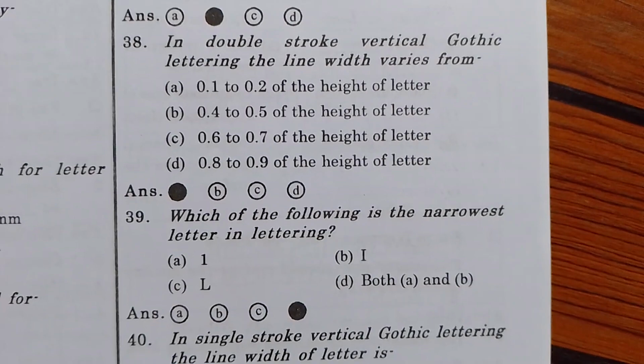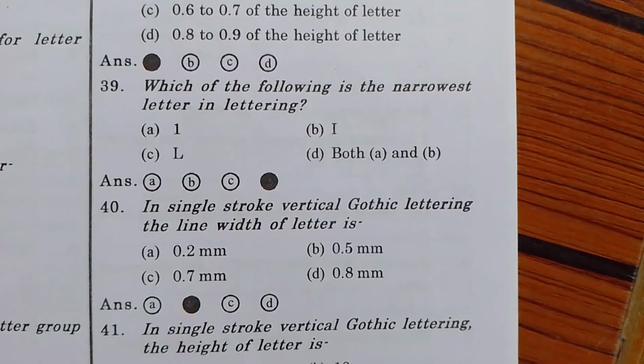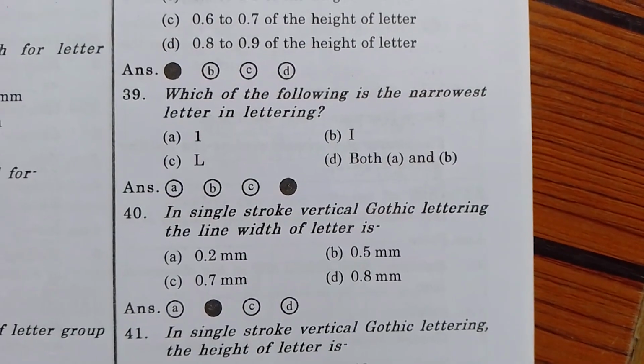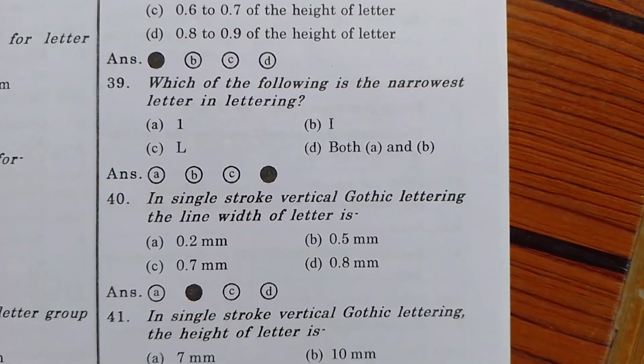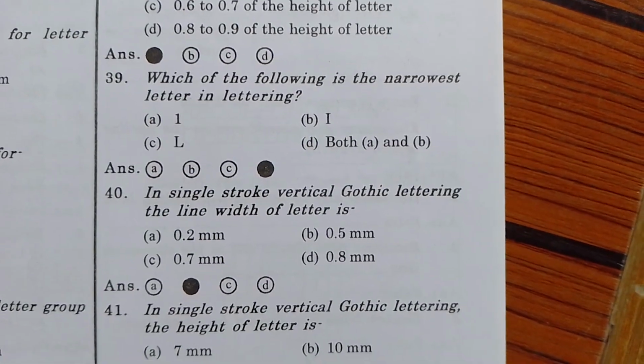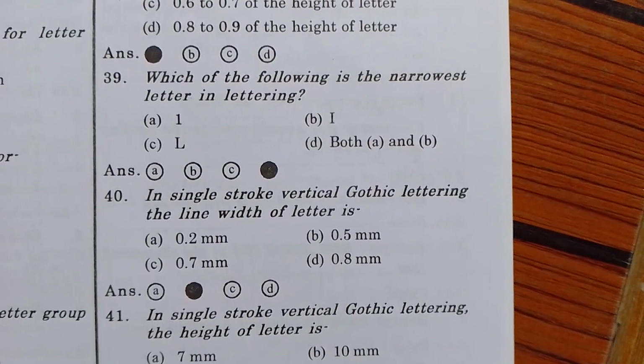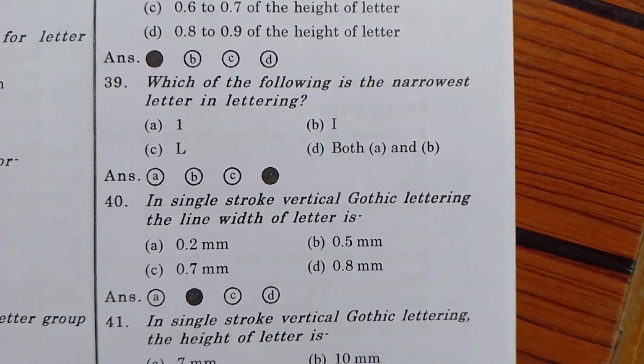Now question number 39. Which of the following is the narrowest letter? Very clear. Option A and B. I and 1 both are the narrowest. These are drawn in 7:1. Now question number 40.